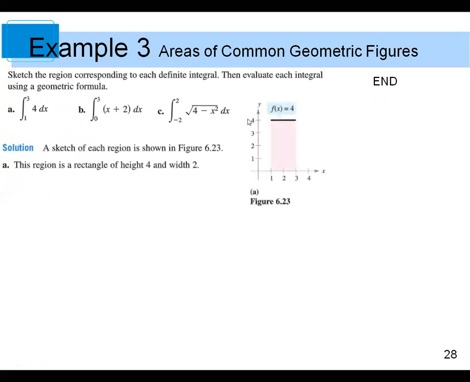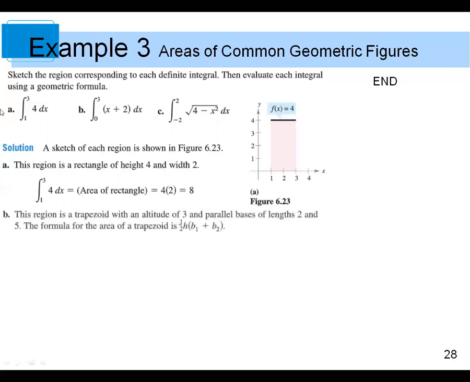So it's the horizontal line y equals 4 and the area from 1 to 3 underneath it, which is a rectangle of height 4 and width 2. So that's just the area of the rectangle, which is 8.